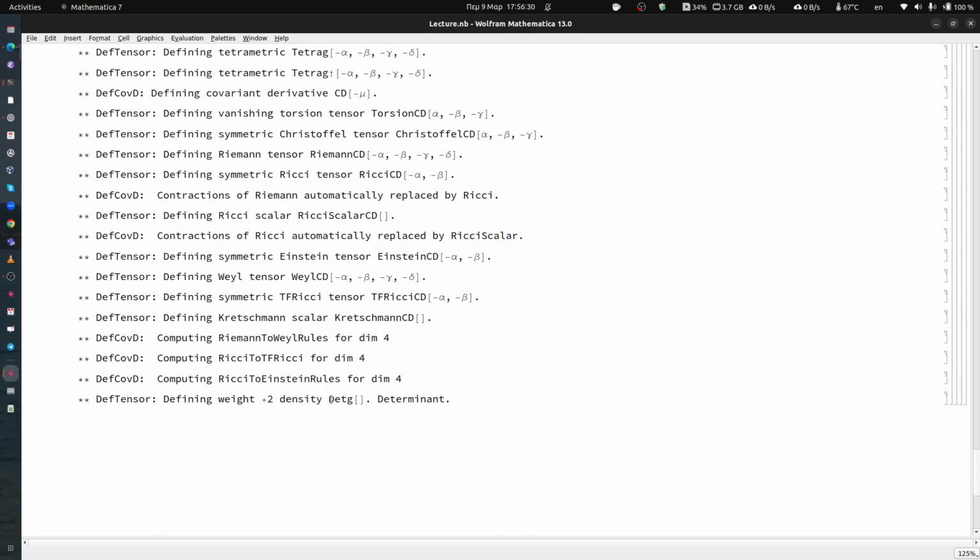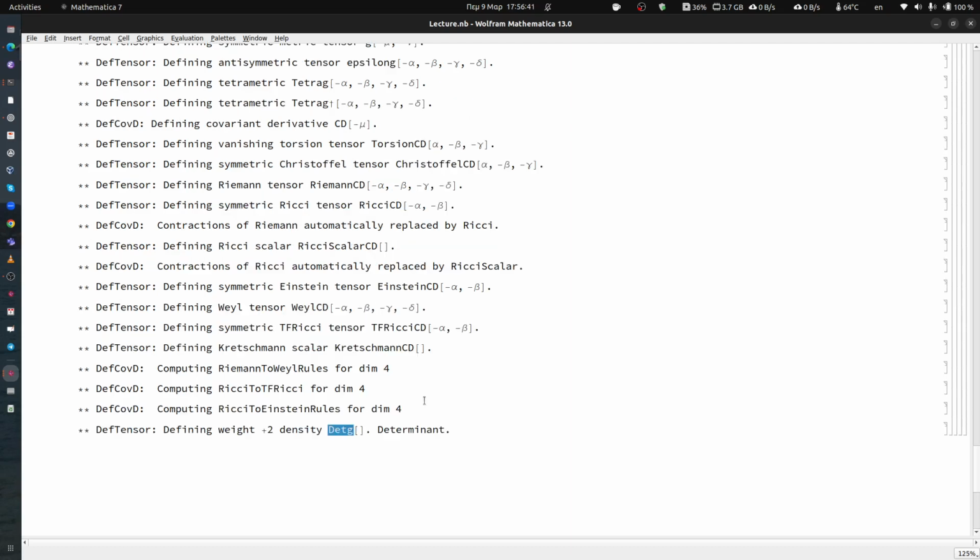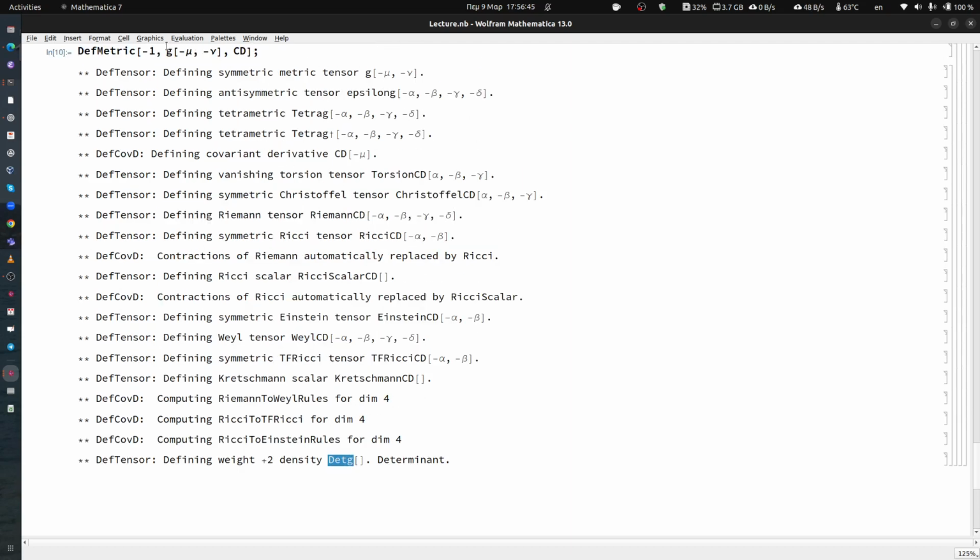And you also see that det G corresponds to the determinant of the metric, and it can be used in expressions. The fact that it's called det G is again related to the fact that we have chosen the character G to represent the metric. So if we had chosen metric G, then this would have been det metric G instead of det G.